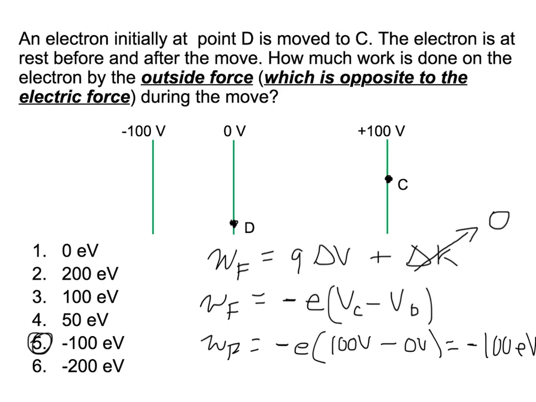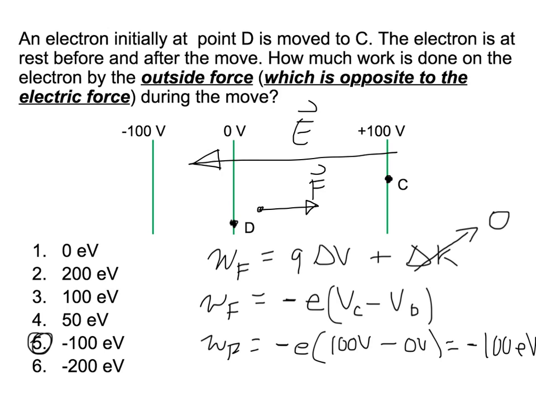If we look at the fact that the potential starts at 0 here and goes to plus 100, it's decreasing in the leftward direction. So the electric field must point to the left. Now, it's an electron, so its force should be opposite. So the force on the particle is actually going to the right.